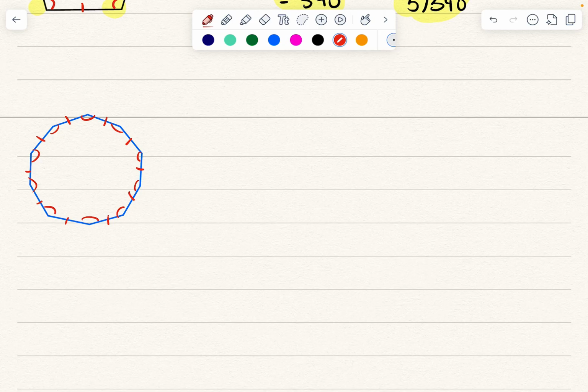Now, what I'd like you to do is pause the video for just a second, and see if you can figure out how big this angle is if they're all the same size. Remember, this is a decagon, which means it has 10 sides.